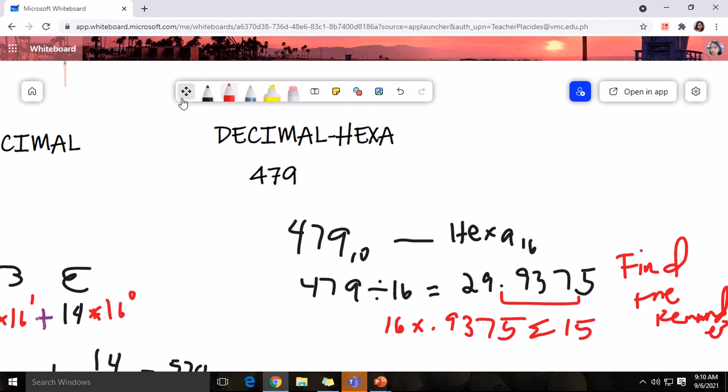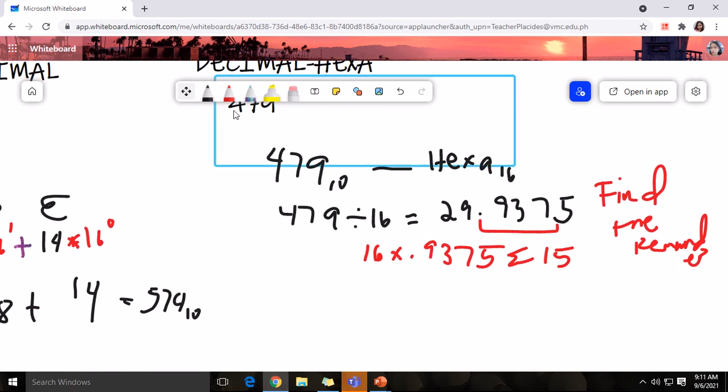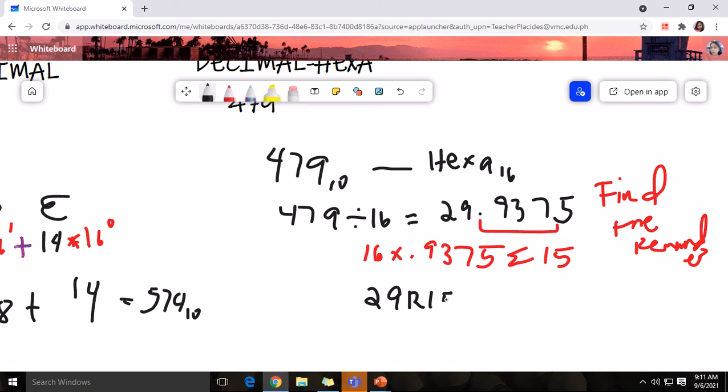So, the 29 we copy, and the remainder is 15. We got the remainder by 16 multiplied by 0.9375, which is equal to 15.